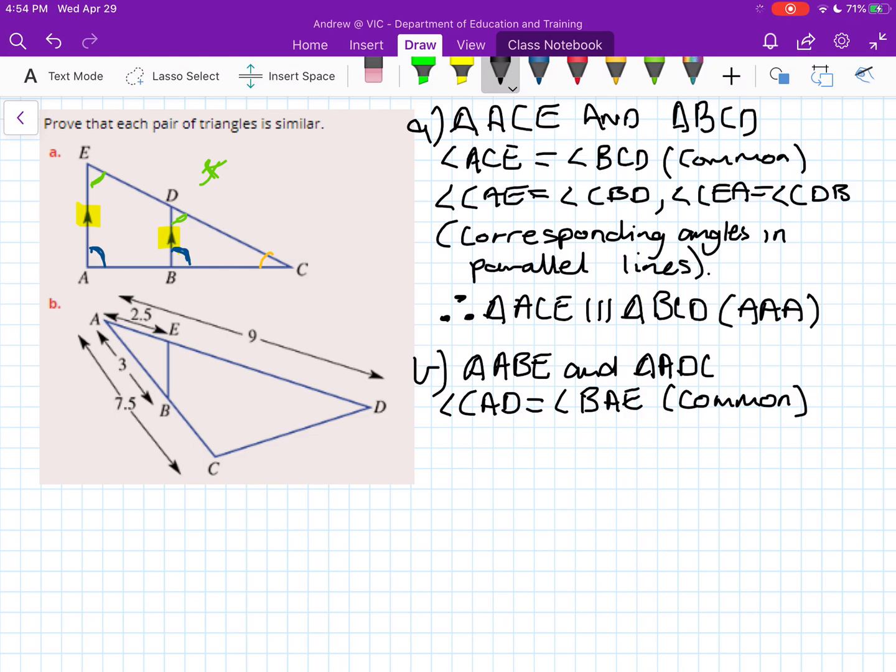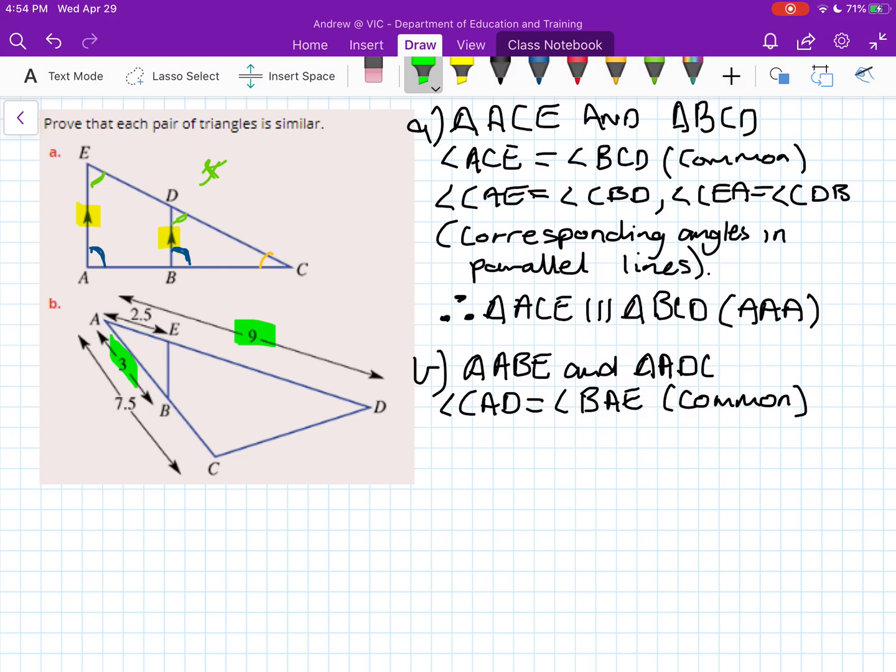Now with this question, we need to work out scale factors. But first we need to figure out the sides which correspond to each other, so the sides that are similar to each other. As I said, you can always go from your longest to your shortest. So our bigger triangle, this one here is our longest side, the 9. And then our longest one for the smaller one is this 3 here.